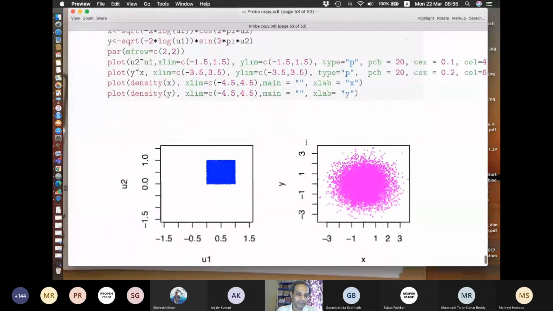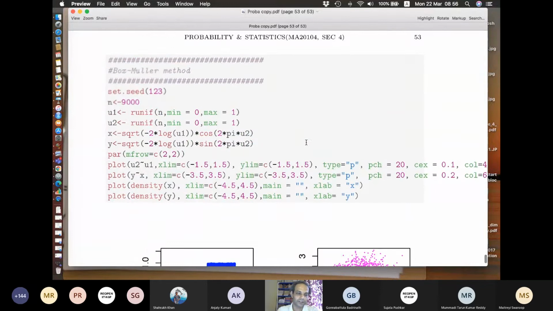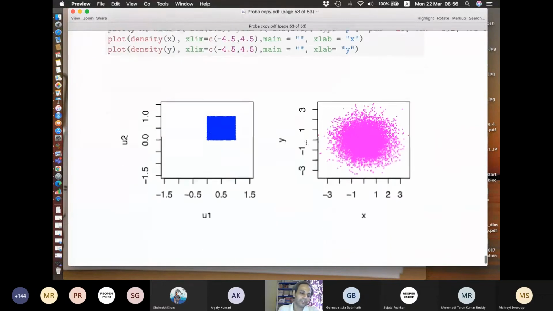So before that, let me just show you the diagram. This method of generating a pair of bivariate normal variables with mean zero and variance one, both independently, is known as the Box-Muller method. It takes the data from the uniform distribution.